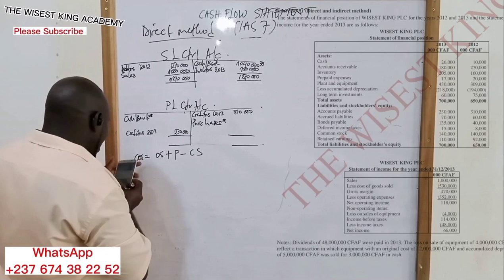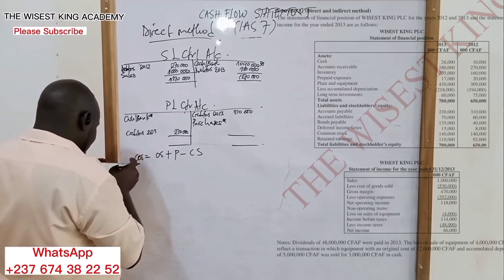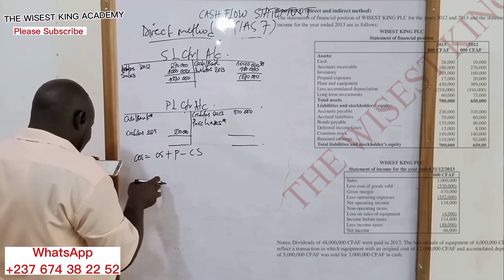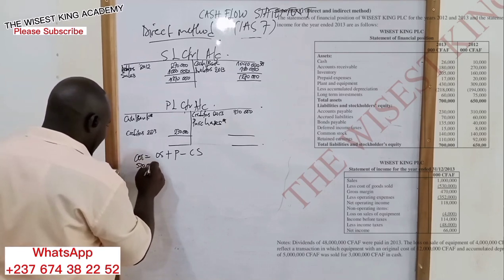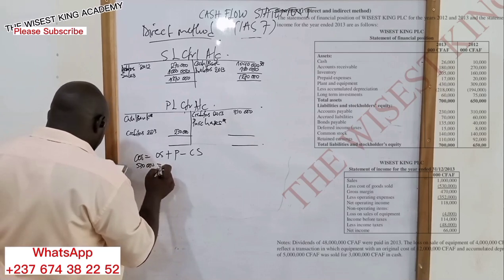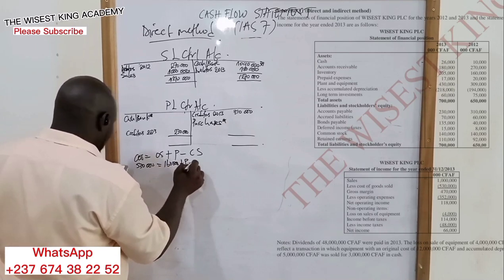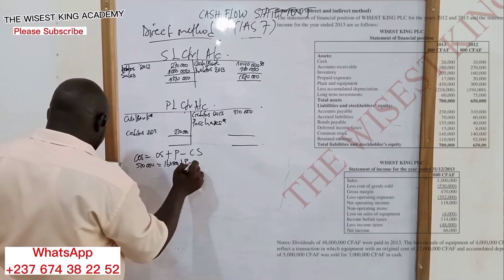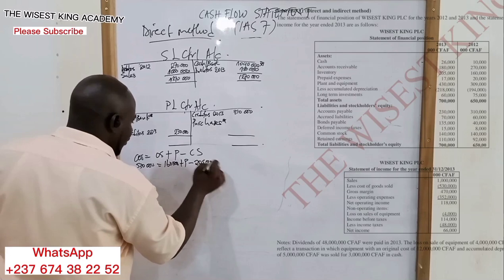Now, here our cost of sales is 530,000. Our opening stock, if we look at inventory at the beginning of the period, was 160,000, plus purchases, minus the closing stock of 205,000.